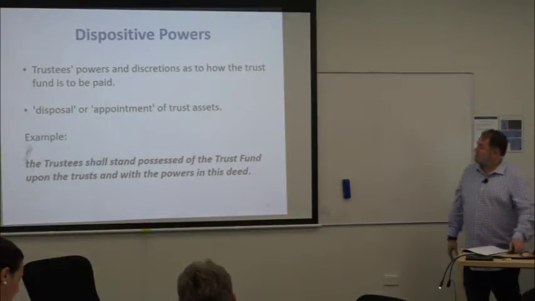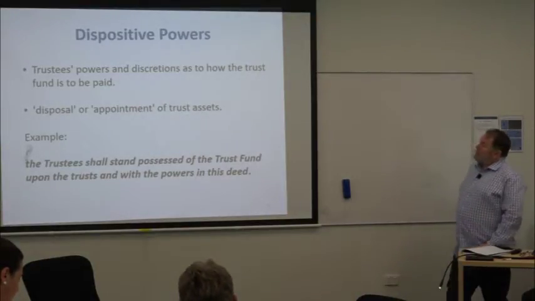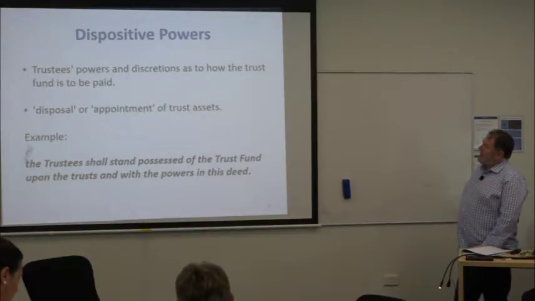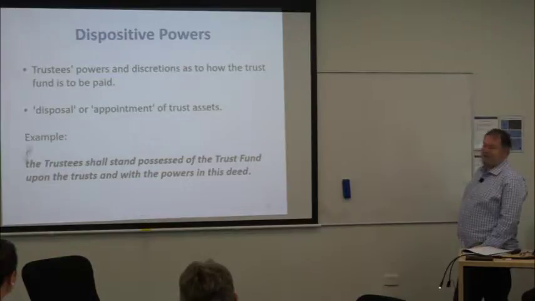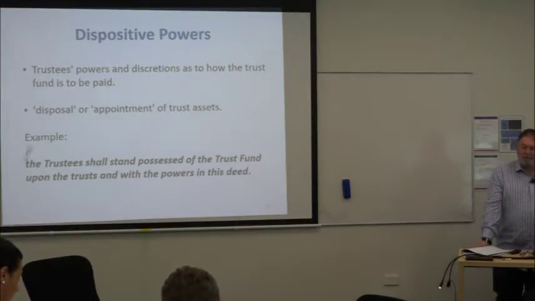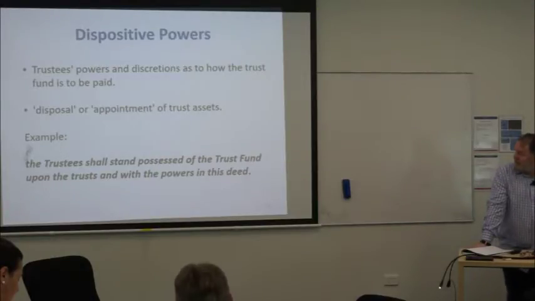So dispositive powers. The trustee's powers and discretions as to how the trust fund is to be paid. Fairly straightforward. One of the interesting things that's often mistaken is when you talk about trust appointments. To the lay person, it usually means appointing somebody as a trustee or as a beneficiary or something.